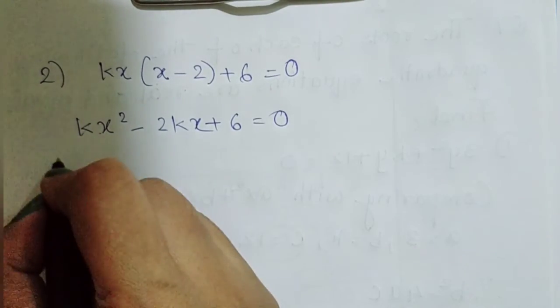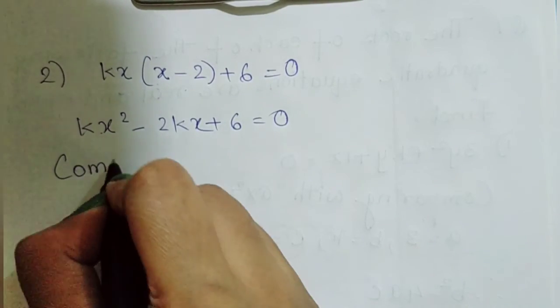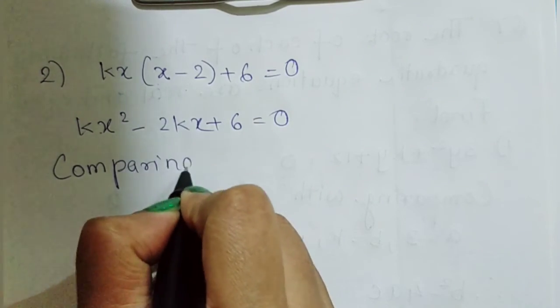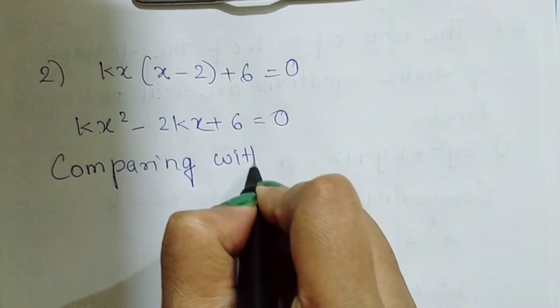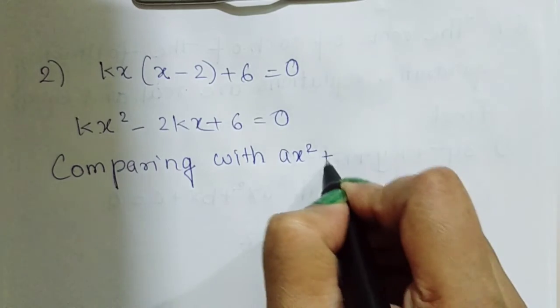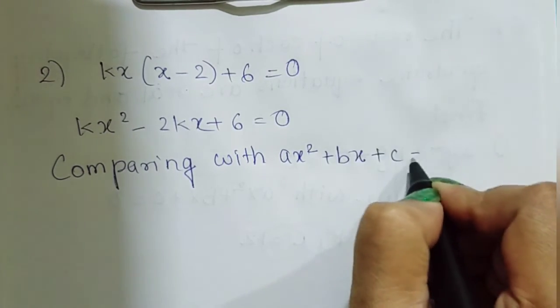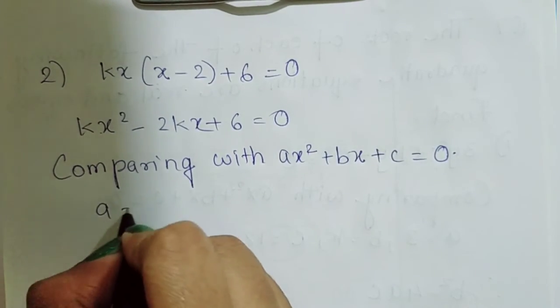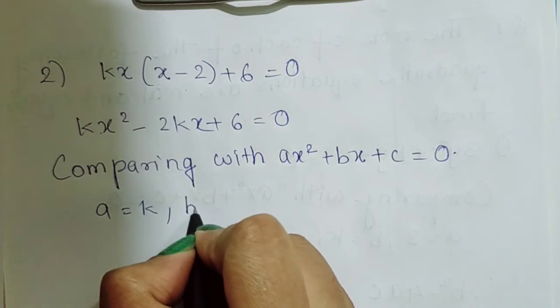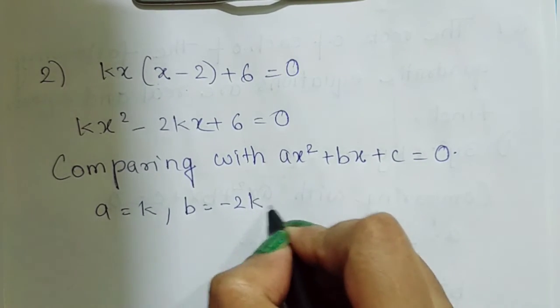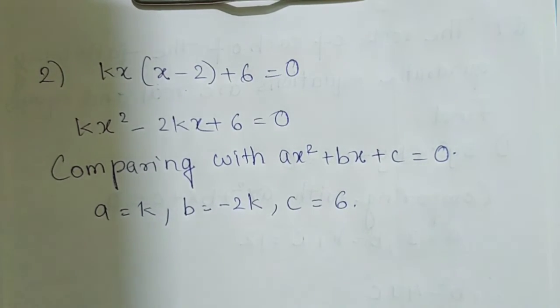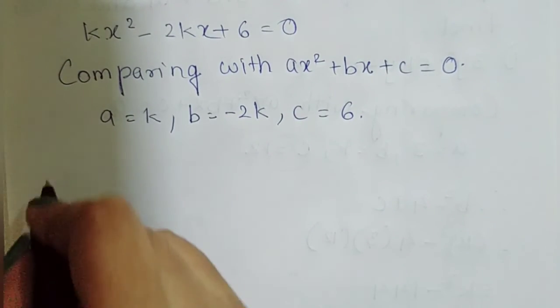Now it came in standard form, so we are going to write comparing with ax square plus bx plus c equal to 0. Here value of a is what? K, b is minus 2k, and c is 6.